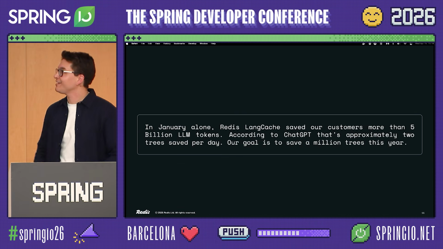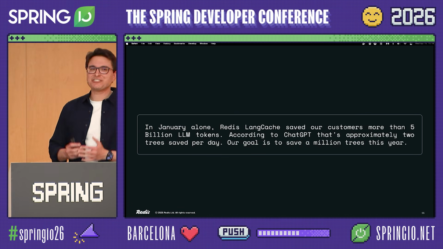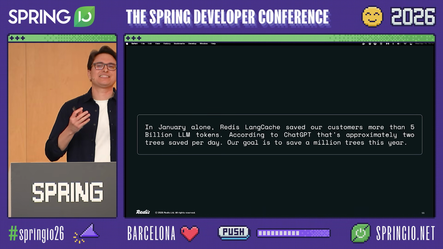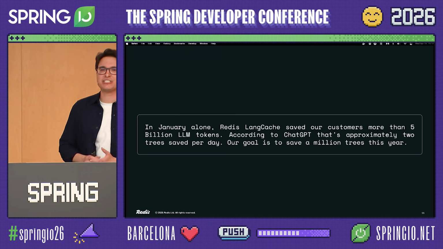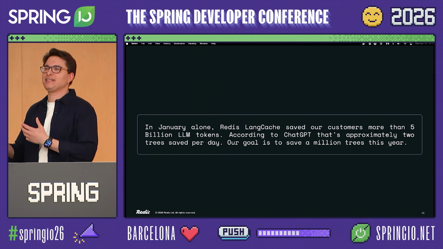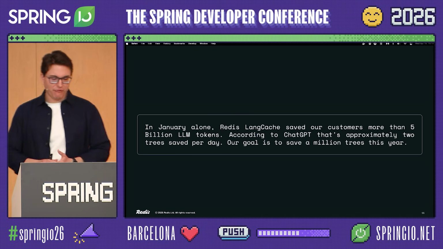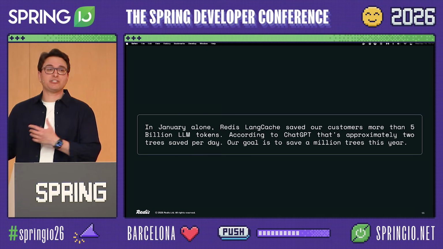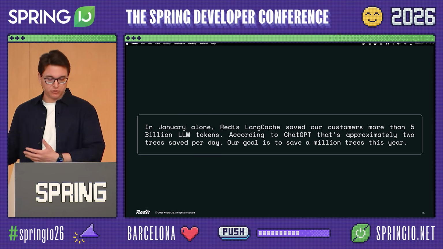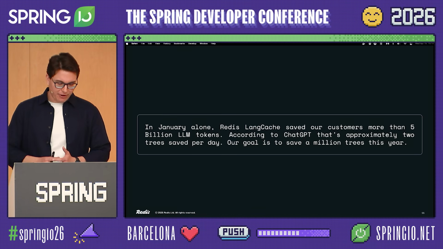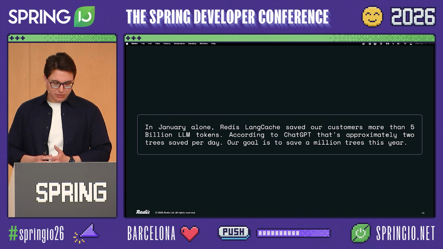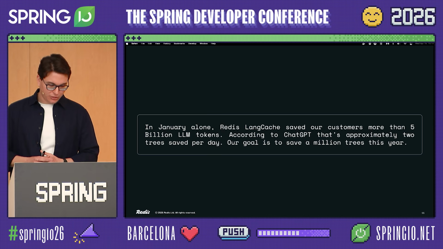And finally, LangCache is our managed service for performing semantic caching, and we have access to how many tokens we have saved so far. So this is a new service. It went to production last year. We already have customers working with this, and you can see that in January alone, LangCache saved their customers more than 5 billion tokens.